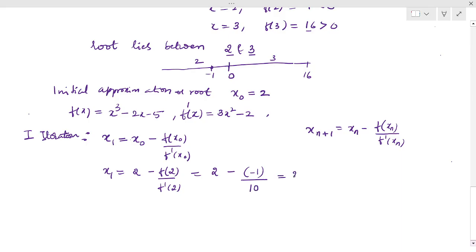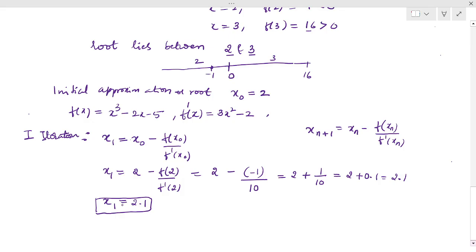So it is 2 plus 1 by 10. 1 by 10 is 0.1, and 2 plus 0.1 is 2.1. 2.1 is the first iteration root, that is x1 is equal to 2.1.